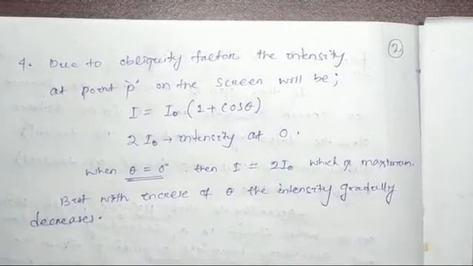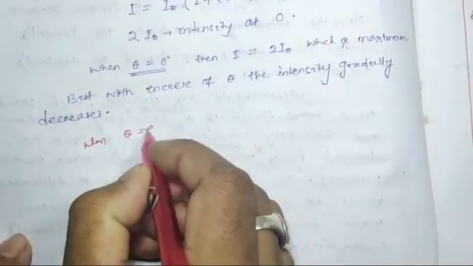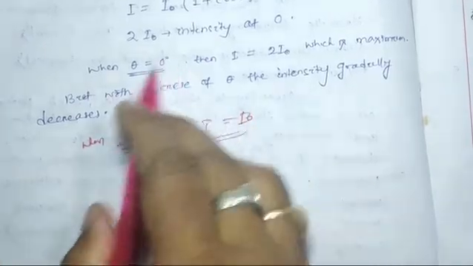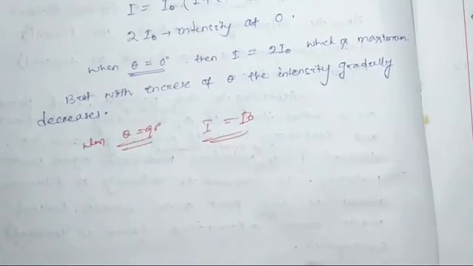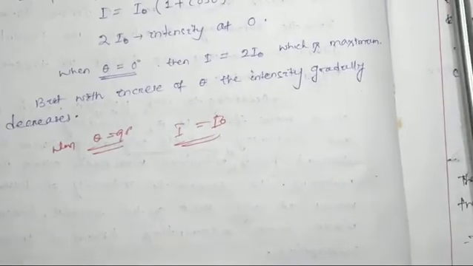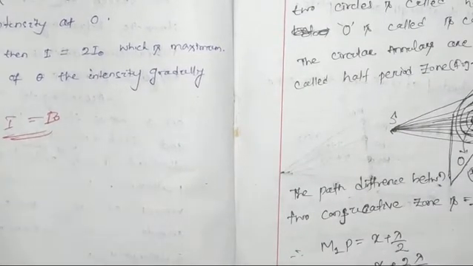So here you can write another sentence: when theta equals 90 degrees, then I equals I0. But if theta equals 0, then I equals 2I0, which will be maximum. So this is the obliquity factor also assumed by Fresnel, and then he described many things about diffraction that we are going to study.